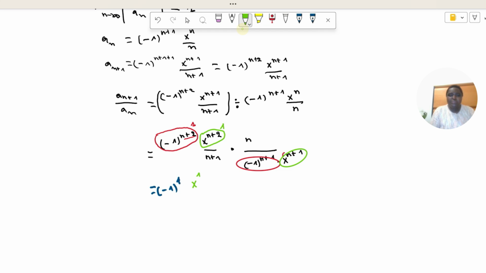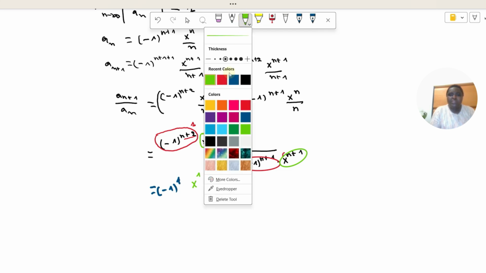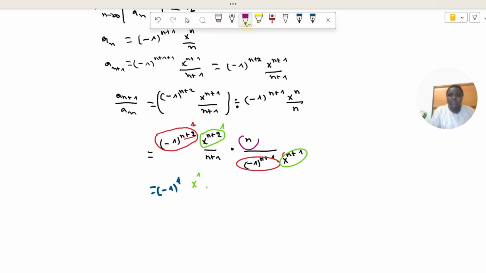Then the remaining one is n over n plus 1.